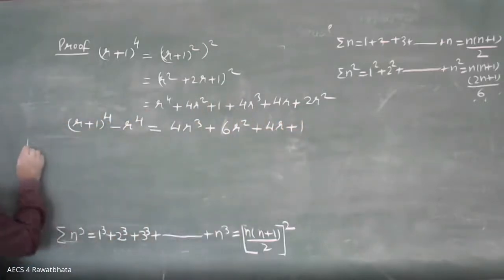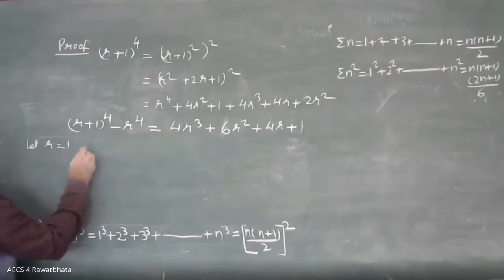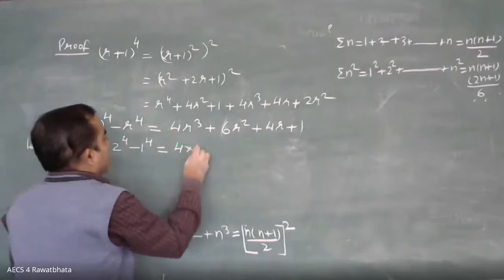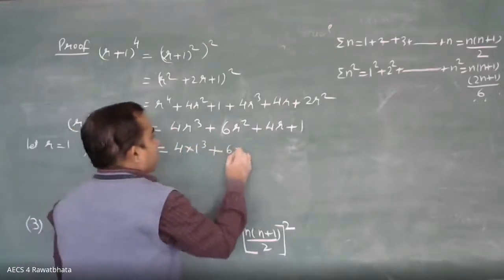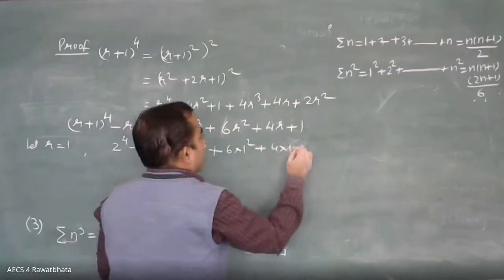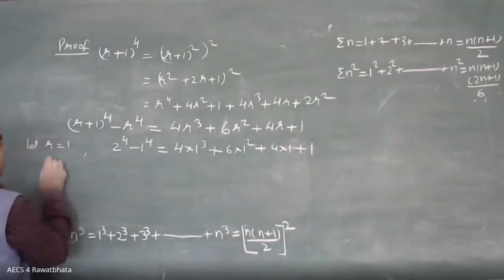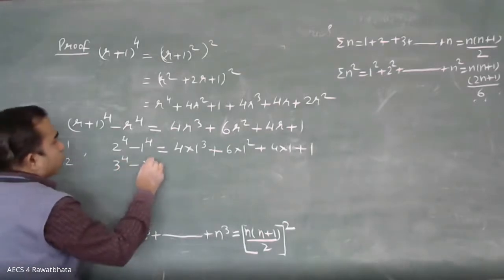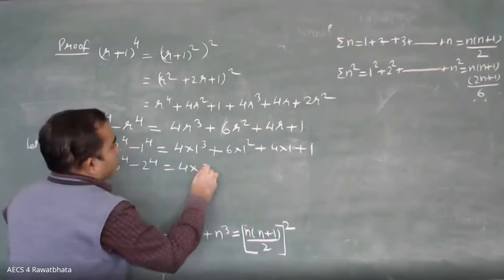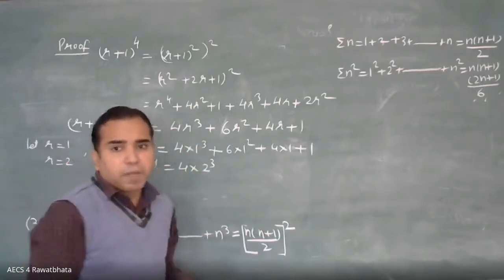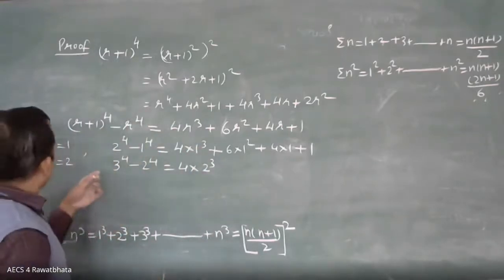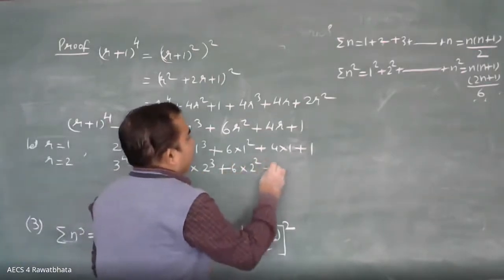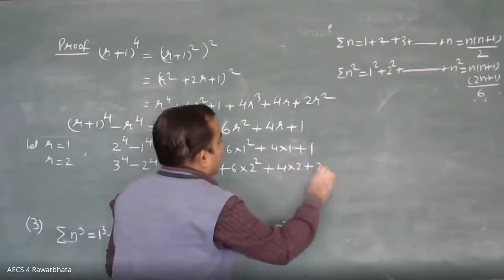And you start putting the values. Let r equal to 1. It will give you 2 to power 4 minus 1 to power 4 equal to 4 into 1 cube plus 6 into 1 square plus 4 into 1 plus 1. And similarly, if we put r equal to 2, it will be 3 to power 4 minus 2 to power 4 equal to 4 into 2 cube plus 6 into 2 square plus 4 into 2 plus 1. Wherever r is appearing, I am writing the r value 1 and 2.